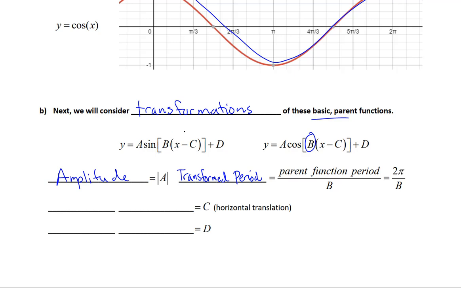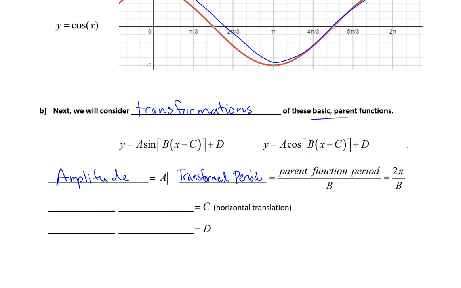It's the letter that I've written inside the brackets but factored out of the parentheses, and that's the case for sine or cosine. And then also recall that for sine or cosine, the parent function period is 2 pi, as developed in our previous lesson. So that parent function period will change depending on what the function is. For sine and cosine, 2 pi it is. So for those, 2 pi over B is going to be this transformed period.